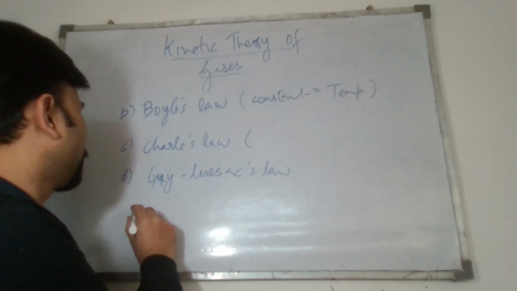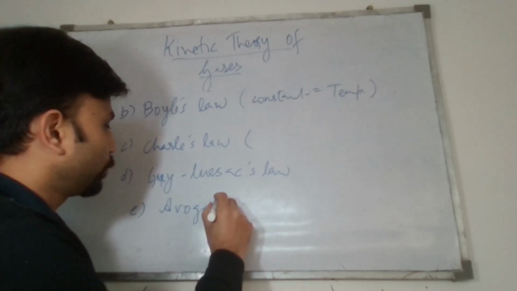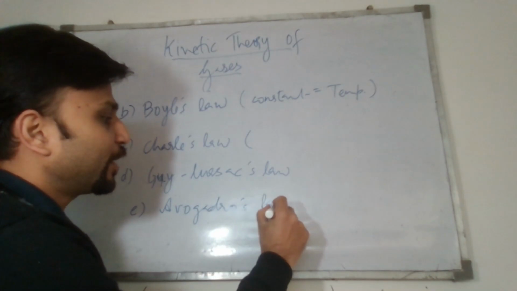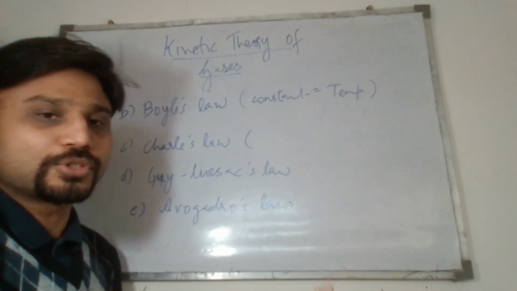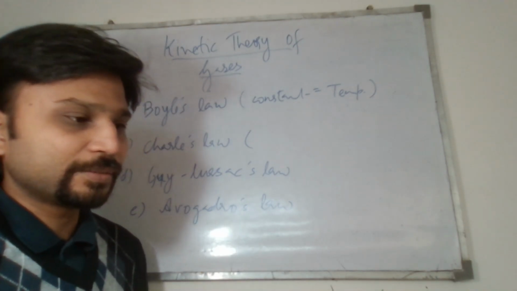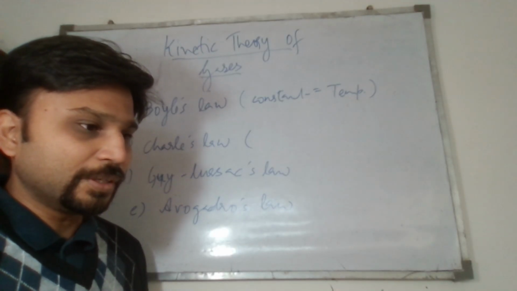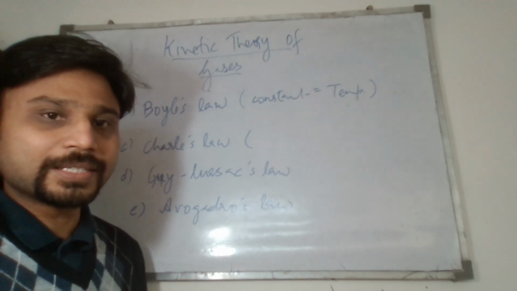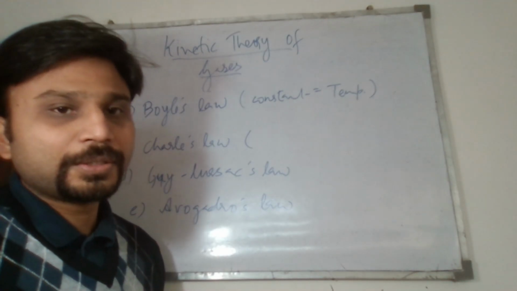Then we have Avogadro's law: if pressure and temperature are given, then volume is proportional to moles of the gas. This is a famous law that at standard temperature and pressure, 1 mole of the gas is contained in 22.4 liters of volume.